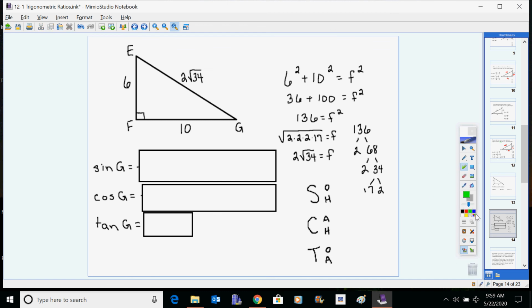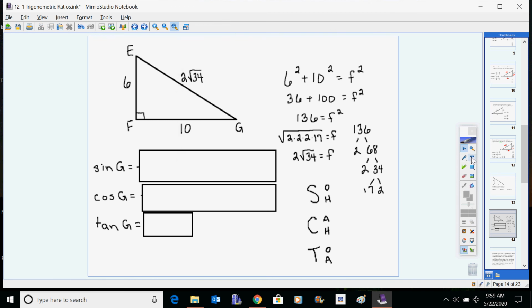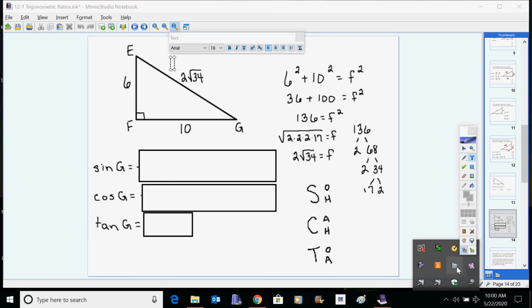So you can label our sides. This is our hypotenuse. If it's going to let me, if it won't, I'll just type it in. This is my hypotenuse.